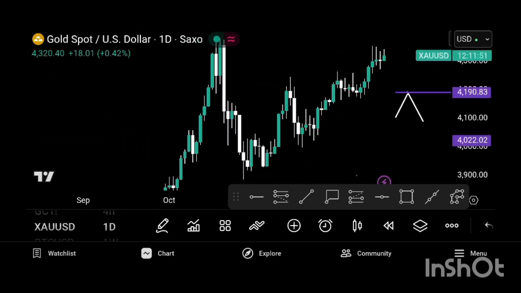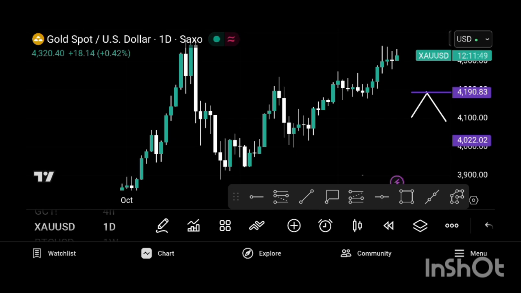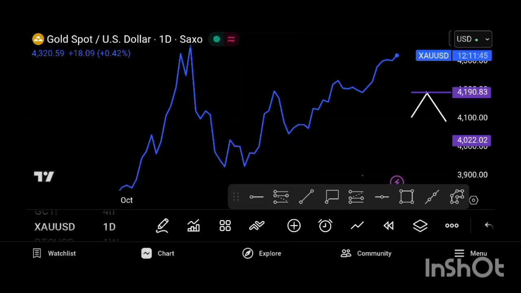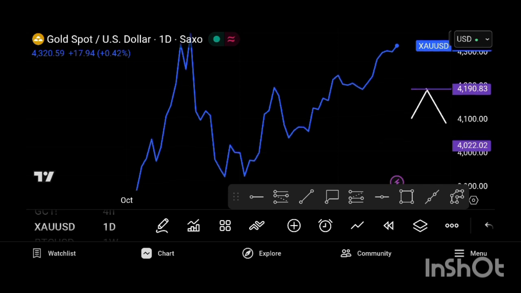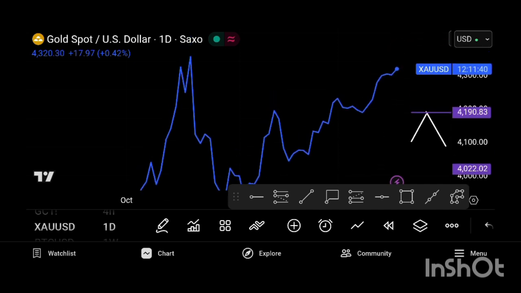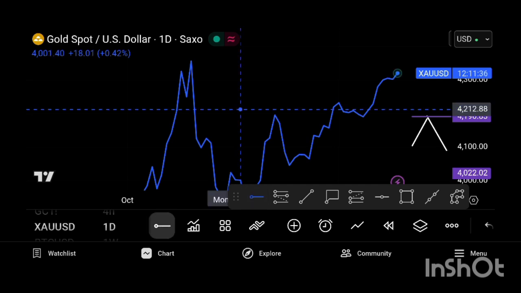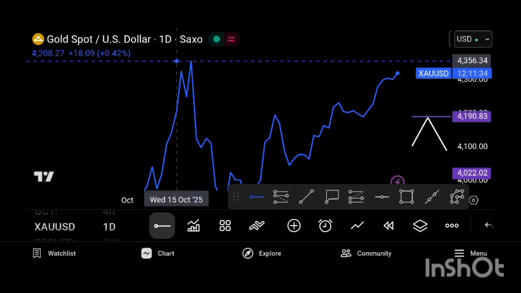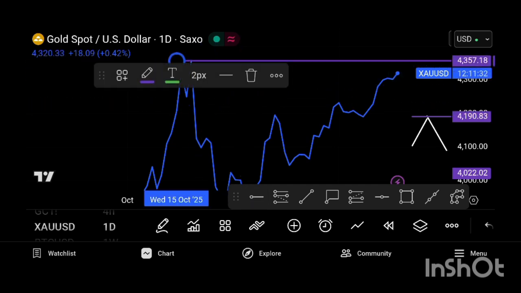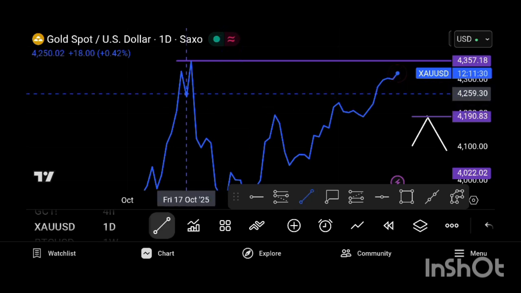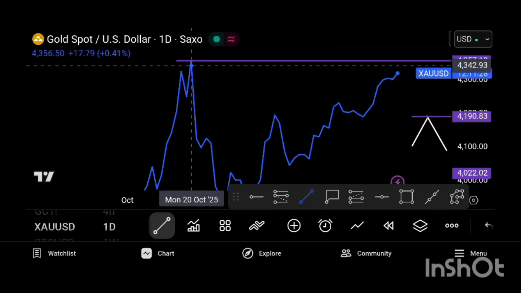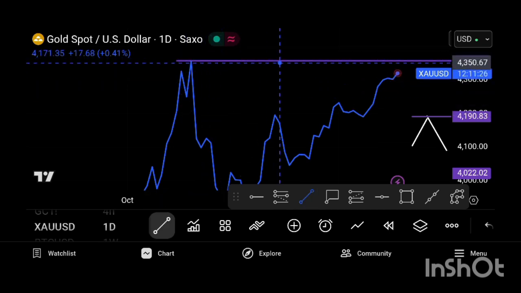So now that we are on the chart, I'll go and change to the line chart. And remember, I said wherever we find an A, it is what? Apex resistance. So here we have an A. This is an A. This is an A. So this is an apex resistance.